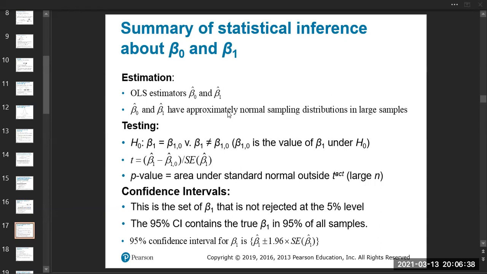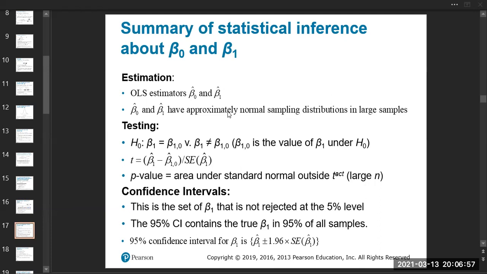Estimation: if we only have one regressor, then we estimate beta 0 hat, which is the intercept, and we also estimate beta 1 hat, which is the slope. Beta 0 hat and beta 1 hat are both estimators and both have distributions.